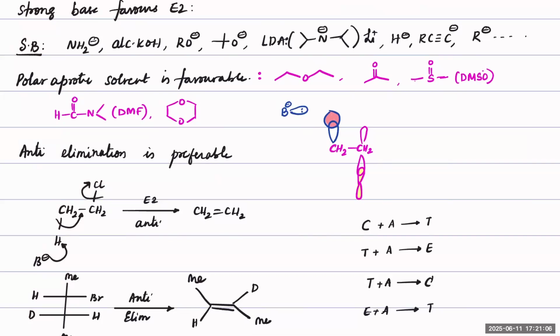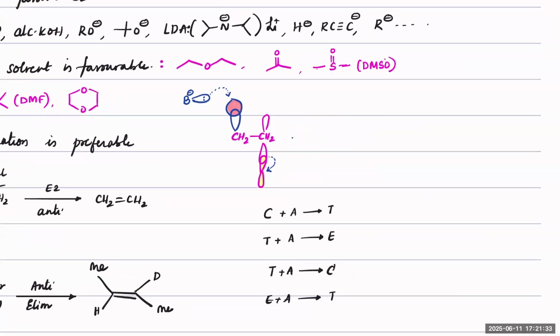Okay. Now, when this base is extracting this hydrogen, simultaneously this halogen is moving away, correct? And all of them are present in the same plane. You notice that these are all present in the same plane: this base orbital, this hydrogen orbital, this carbon, this orbital, and this halogen orbital. If all of them are in the same plane, this hydrogen will start moving away.